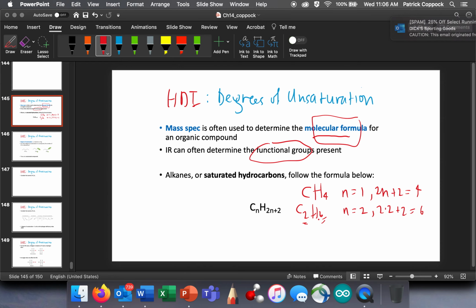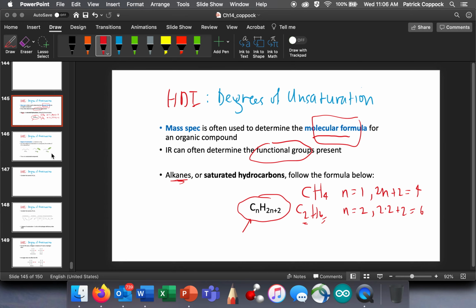So saturated alkanes follow this formula, CnH2n+2. If we can count the hydrogens and the carbons in a compound, or we get some hint about what they are, then we can break it down and find out if we have the right ratio for alkanes or alkenes or alkynes.